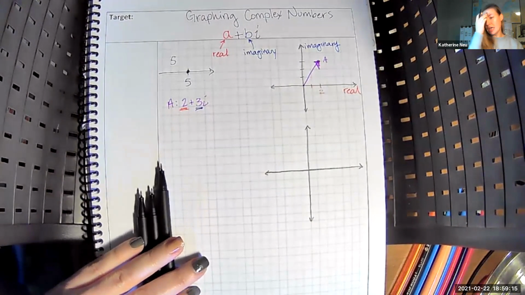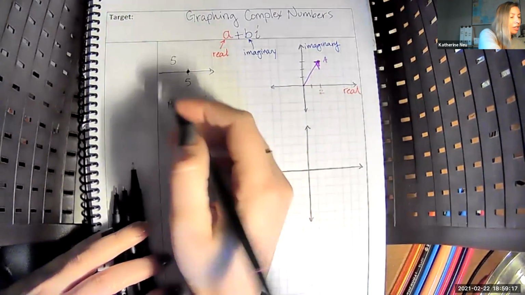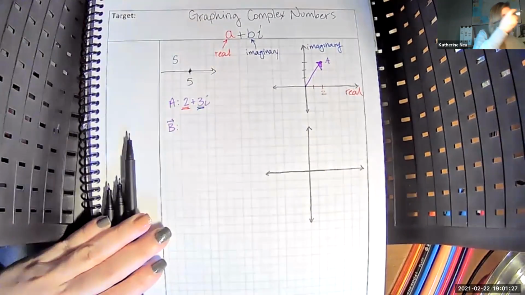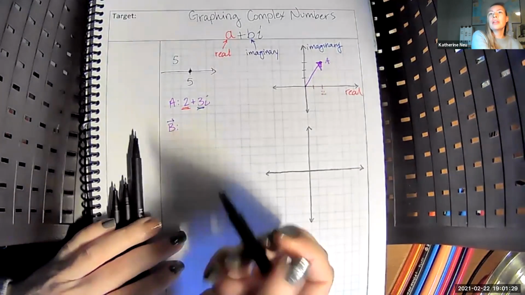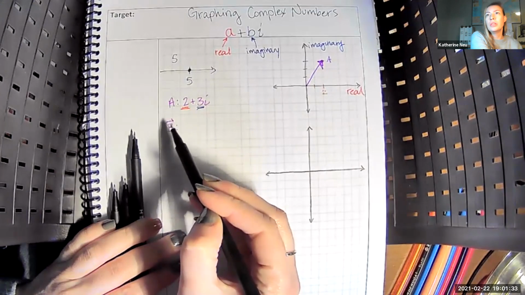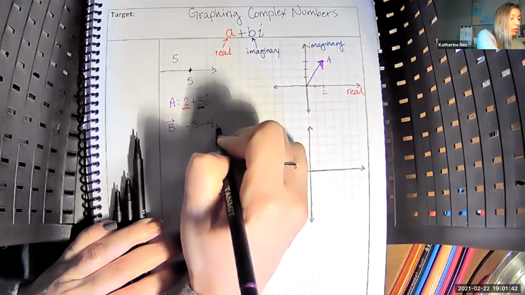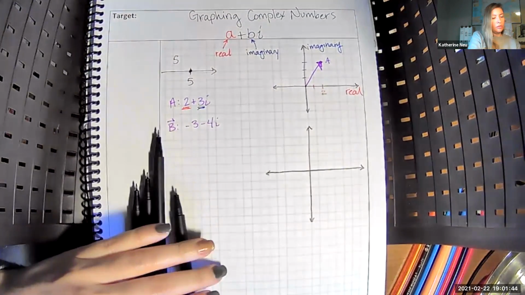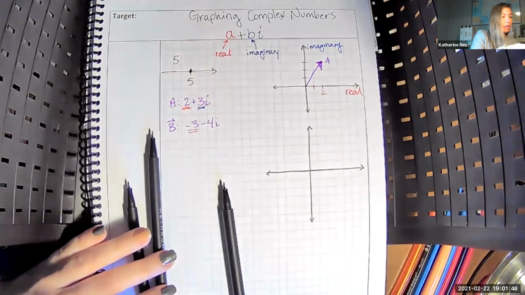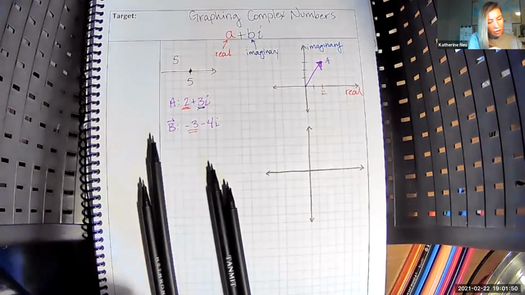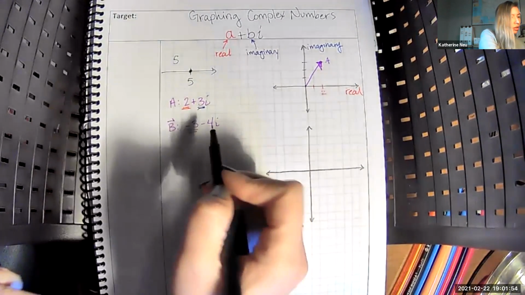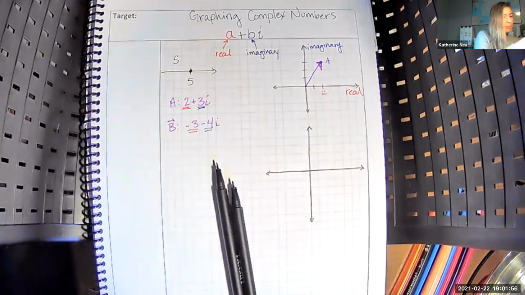So let's do a vector B. A lot of times vectors have this funny little hat. I'm just going to write that there. It's kind of like an arrow that's missing this other side of it. So again here, you have your real part being -3, and then you have your imaginary part being -4.